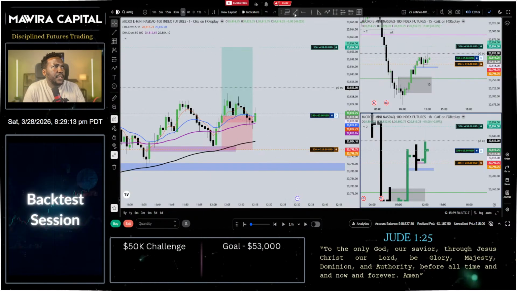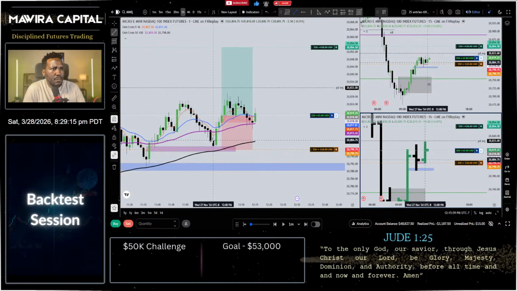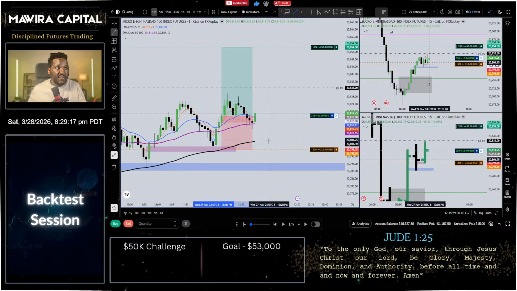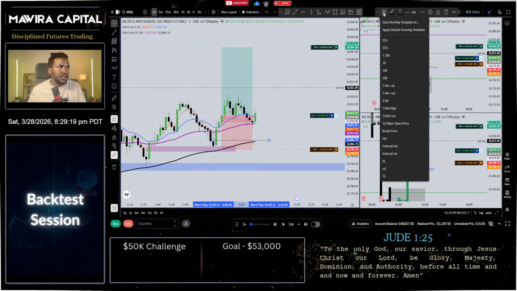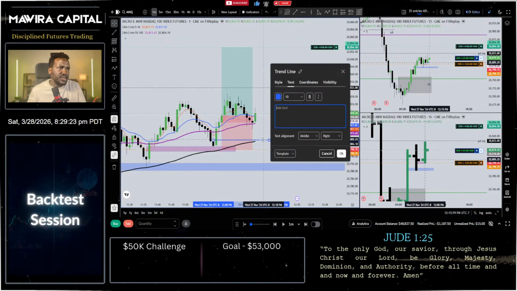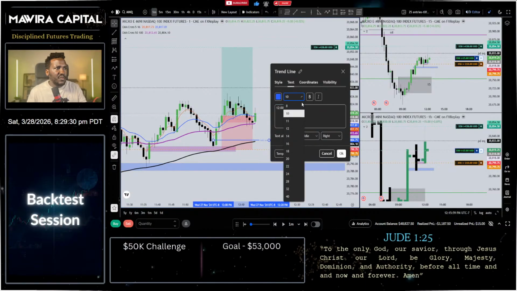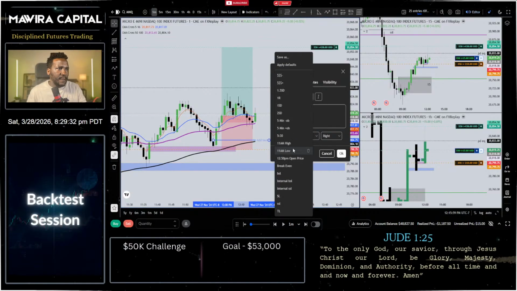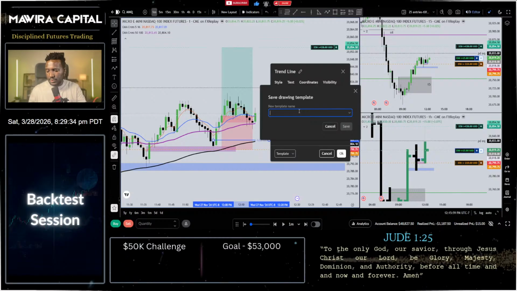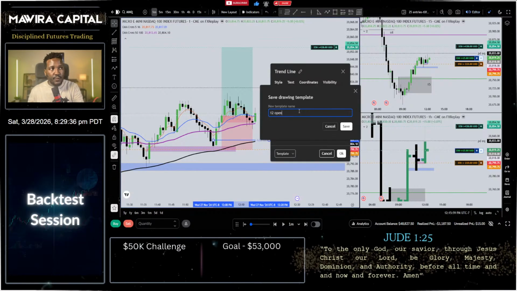Okay, let's do it this way. Man, as long as we stay above that open price, I'm Gucci. Do I have it here? 12 open. So let's change that to 12 and save that as 12 open.